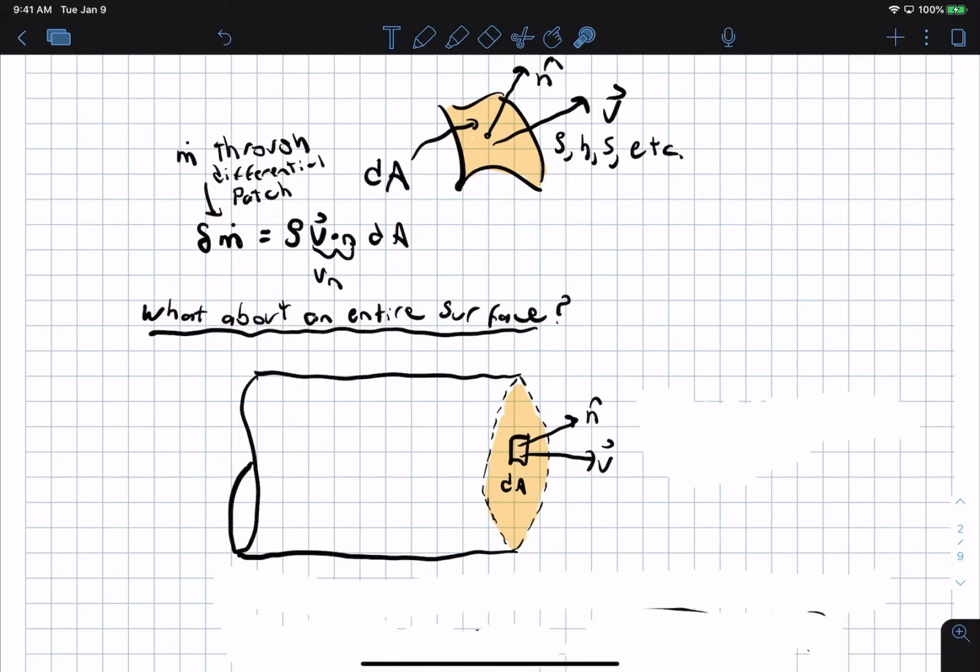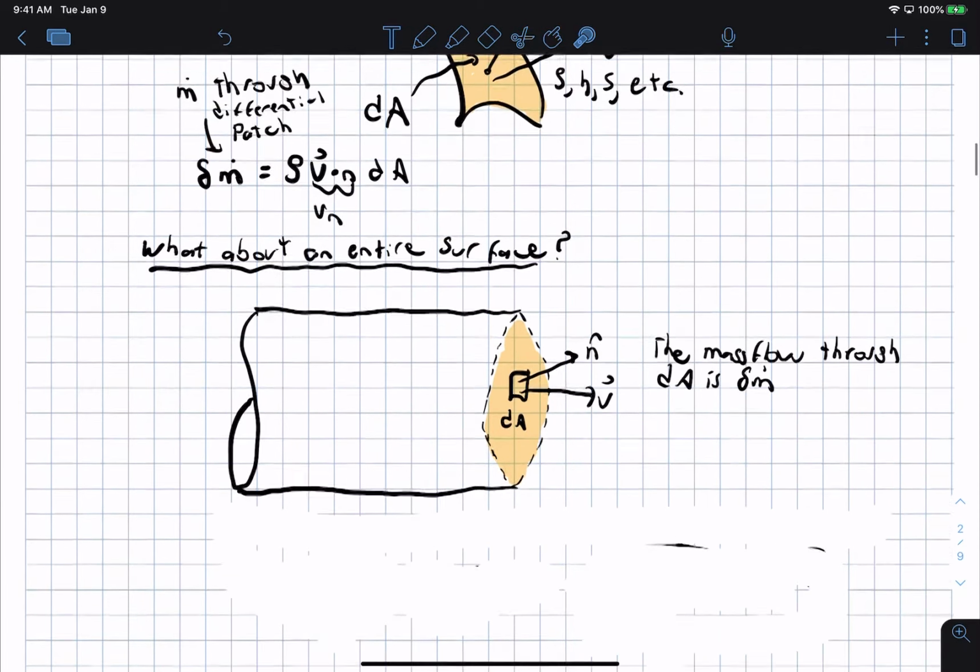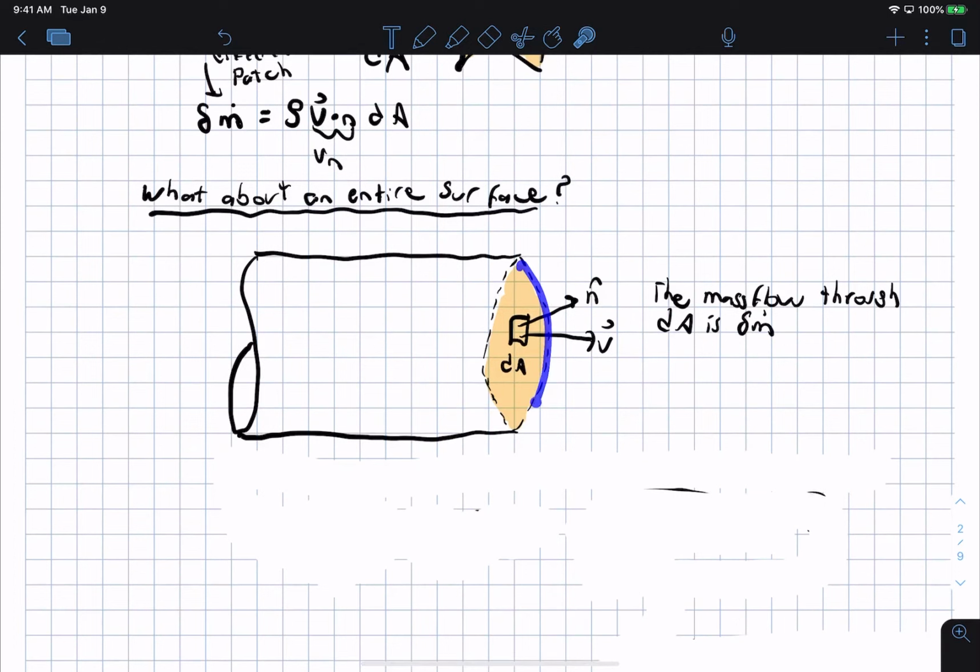So if we consider a pipe here, and we want to find the net mass flow rate going through this area here, we have found what m dot is going through that small differential patch, and that is just given by delta m dot. Then the total mass flow rate going through this entire surface is just adding up all of these super tiny differential patches, and that is an area integral.